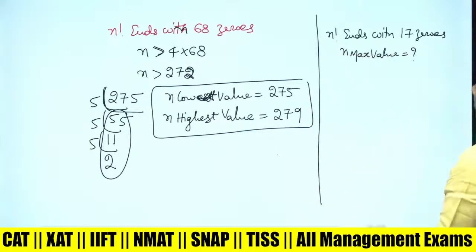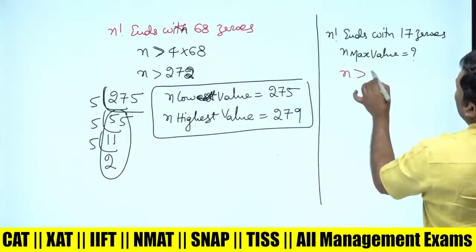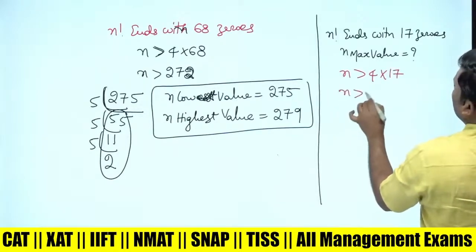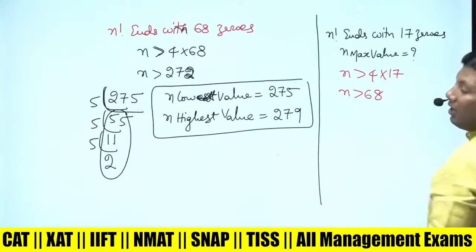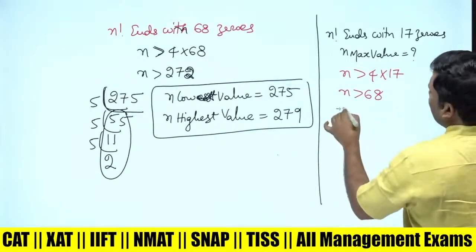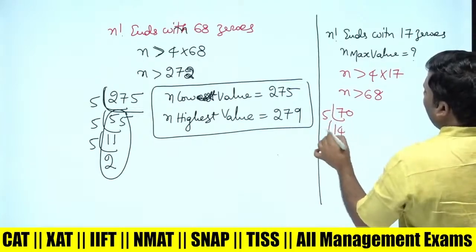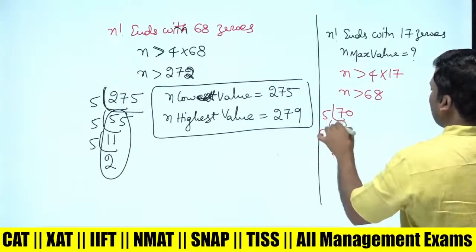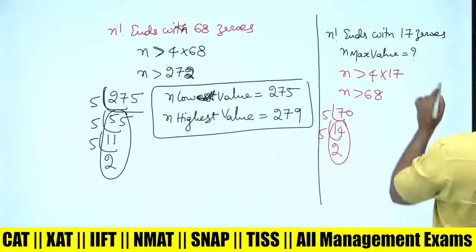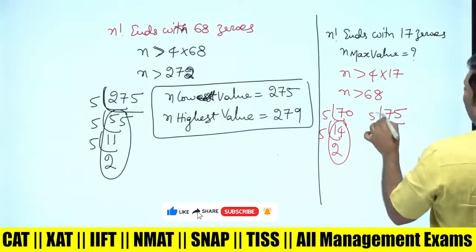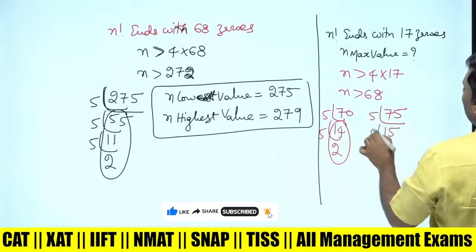What is the maximum value n can take? N is greater than 4x, that means n is greater than 68. What is the multiple of 5 greater than 68? 70. So 5 14s are, 5 2s are. 14 plus 2 is 16. I want 17. Take the next multiple. 5 15s are, 5 3s are.